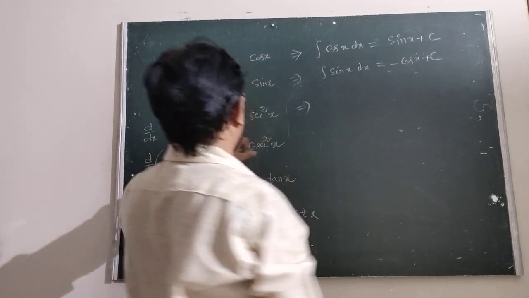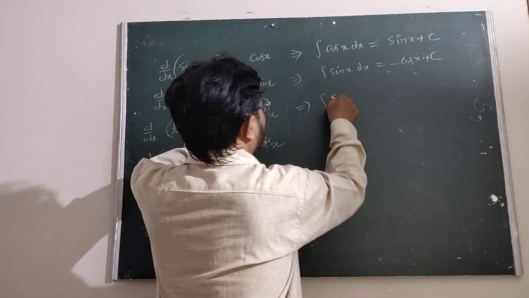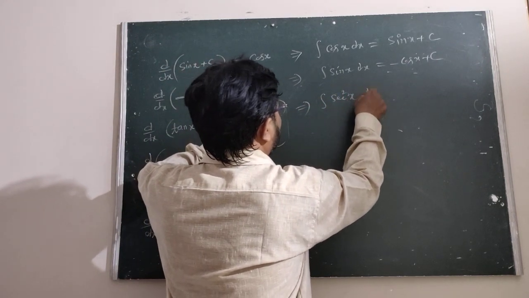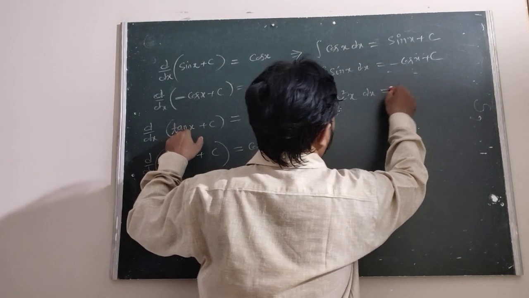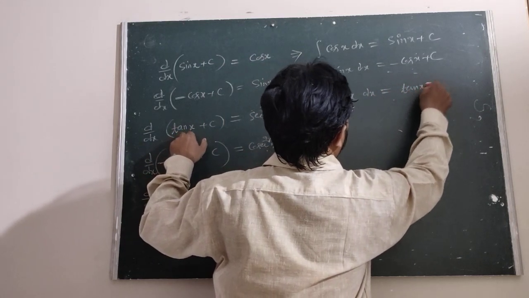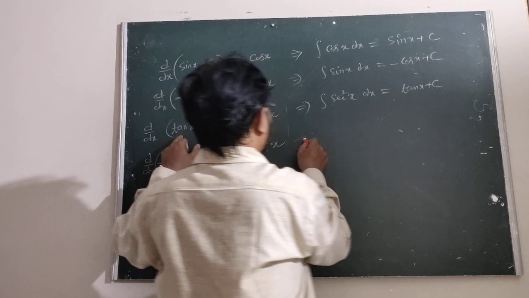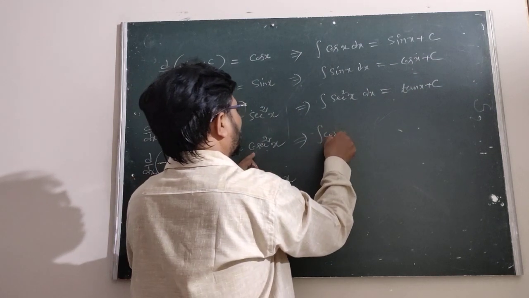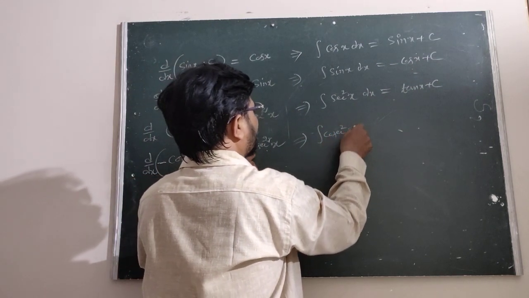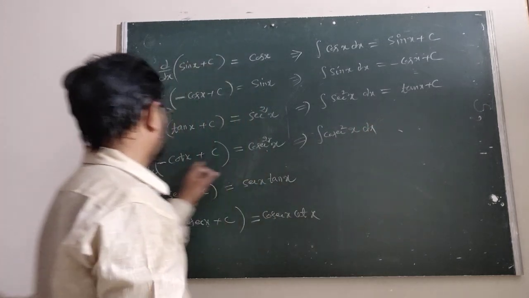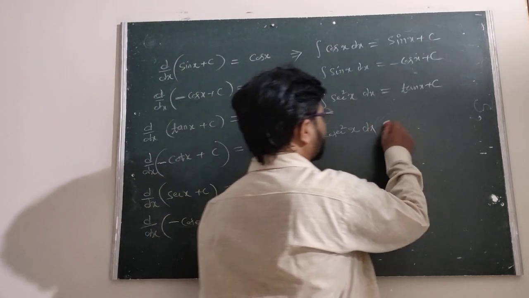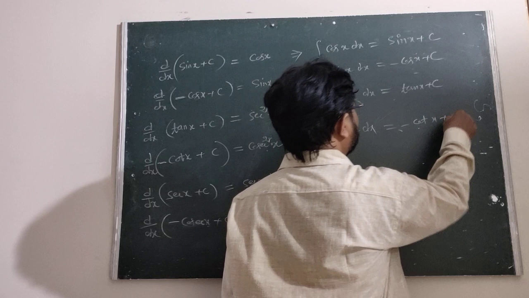Now the integral of secant square x dx is tan x plus c. Now the integral of cosecant square x dx is minus cot x plus c.